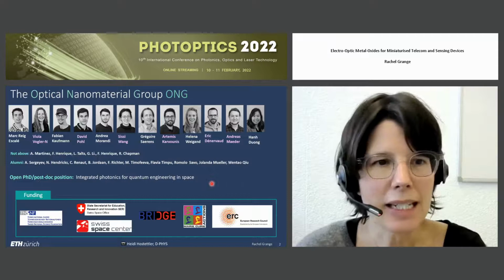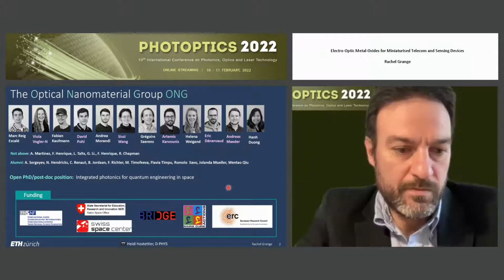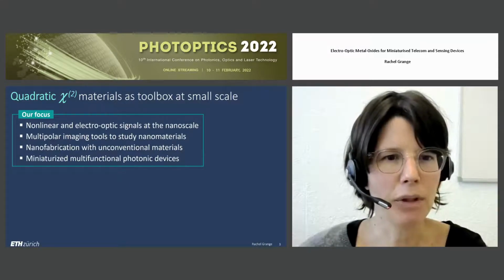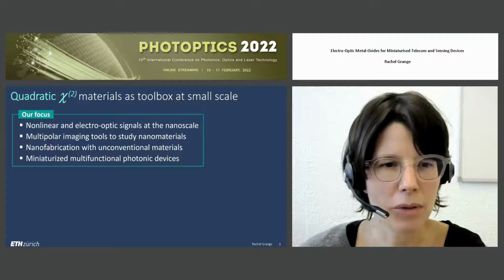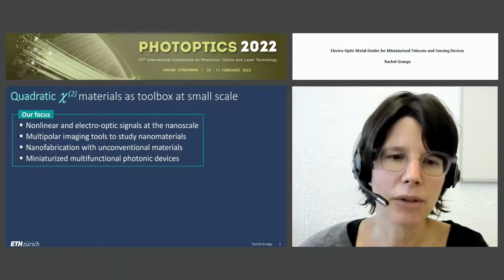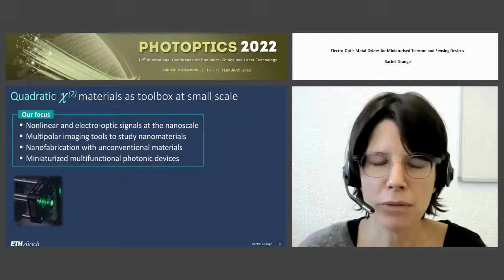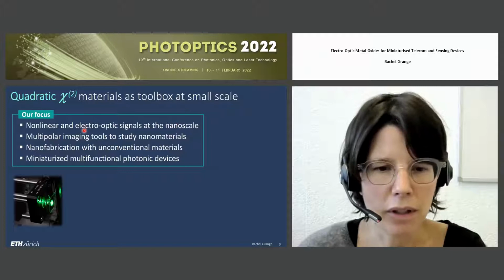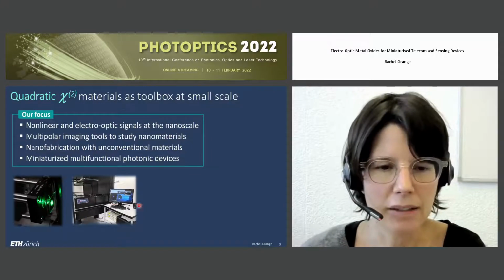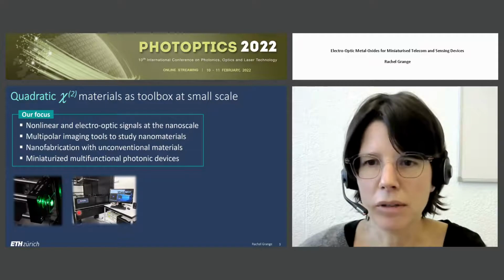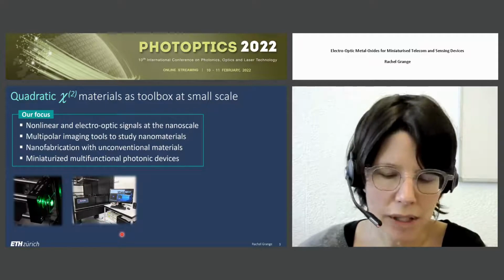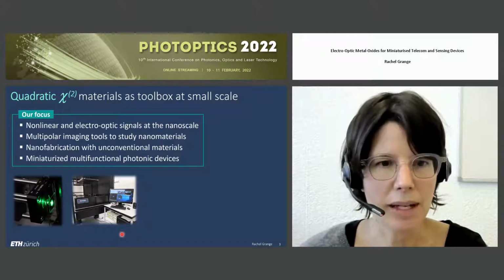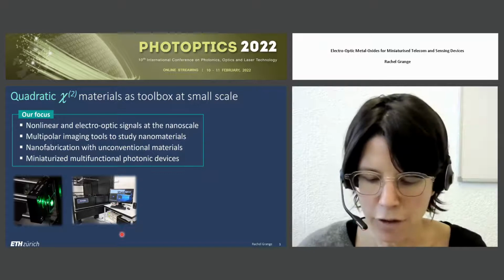We are mainly interested in investigating nonlinear and electro-optic signal at the nanoscale, developing multipolar imaging tools to study those nanomaterials, because the typical second harmonic generation microscope, or multiphoton microscope, as it is called, is really made for biology and not for studying devices or studying materials, let's say.